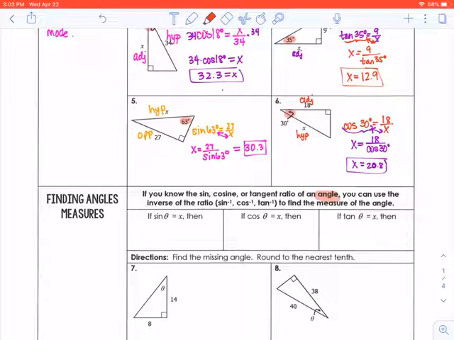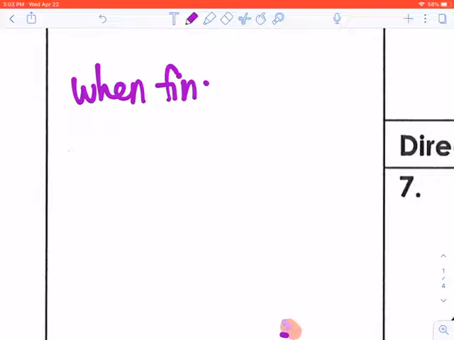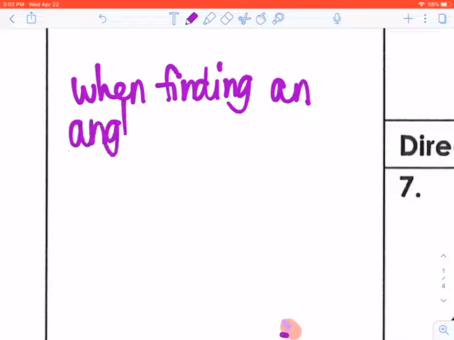you are going to use what we call the inverse of sine, cos, and tan. So when finding an angle, I'm just going to make a little note here, and we use the angle theta, but it could be any variable.